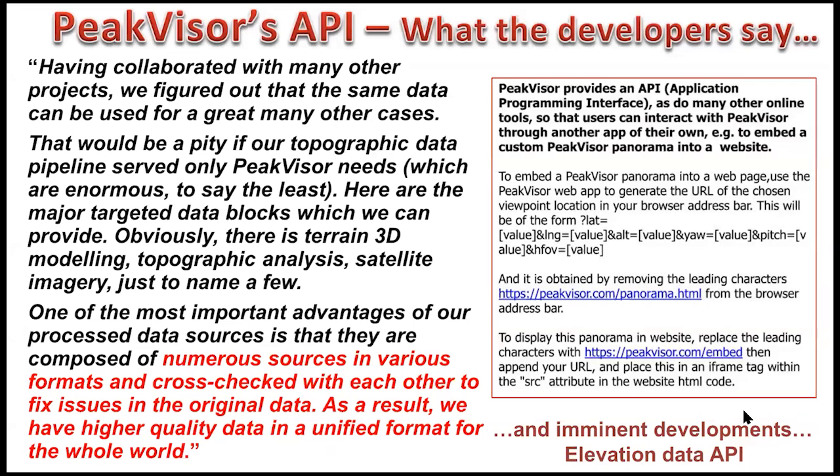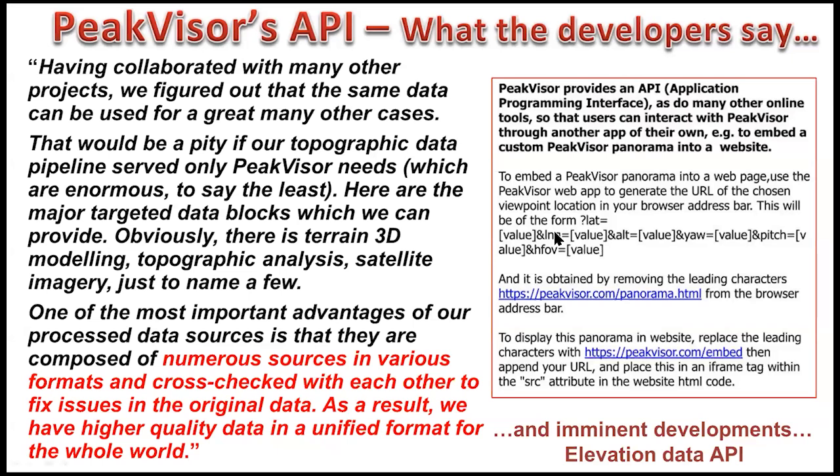So they've also, it's quite a big deal at the moment. There is an API that just allows you to plant a PeakVisor view into a web page. But there's also an accepted request to create an API which will allow access to the elevation data for a given area. And that's now actually accepted, and it's in progress.